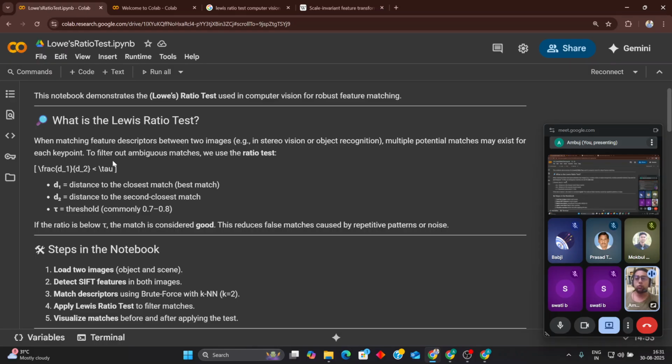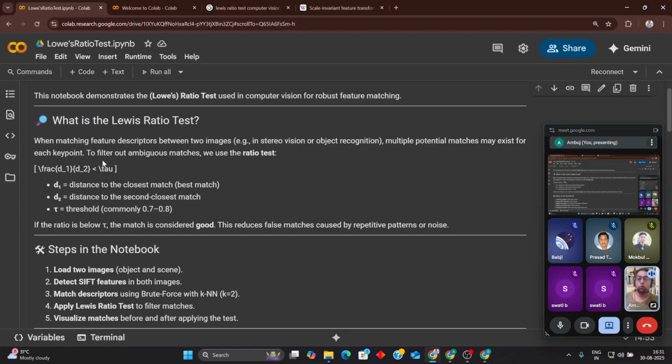When matching feature descriptors between two images, in case of stereo vision or computer vision, there are multiple potential matches for each key point. First of all, we have to perform the key point detection. After the key point detection, we will have multiple matches.